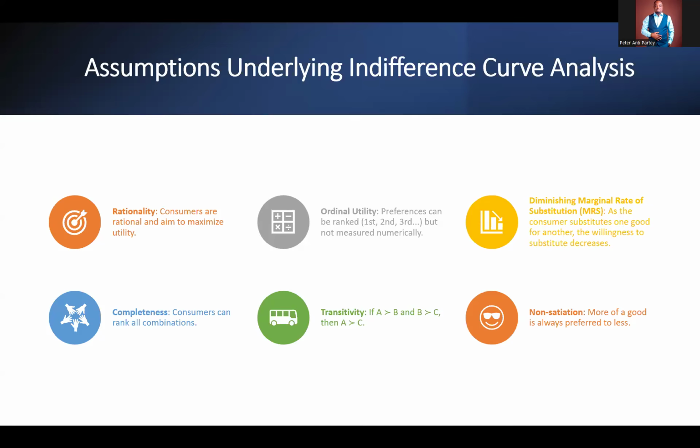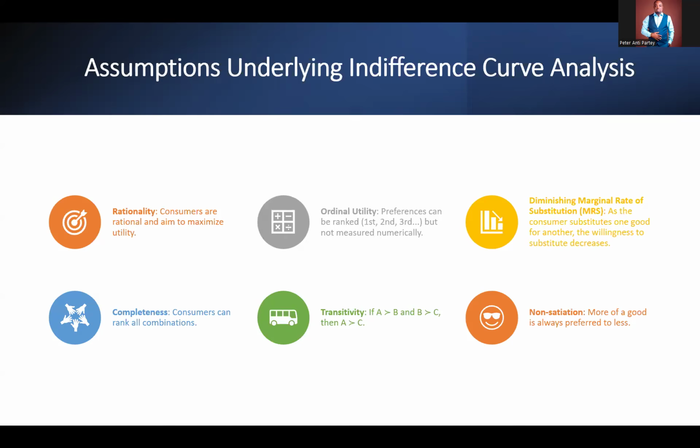That means that the first assumption is rationality. Remember, we said that it is true that sometimes people will not behave the way that normal human beings will behave. But in economics, we look at rational behavior.